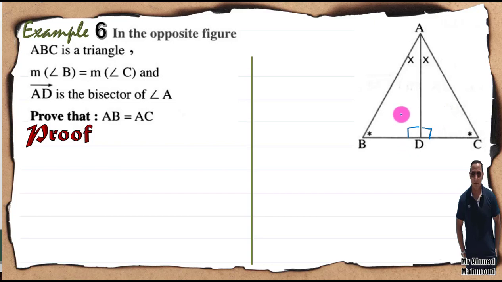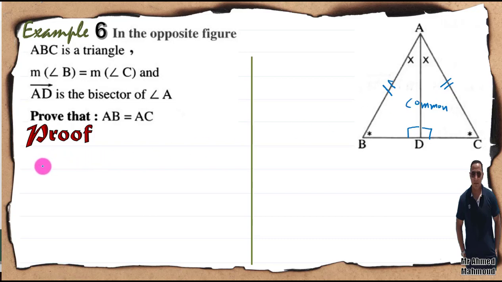And now we have two triangles, three angles equal to three angles, and the common side, here, this is a common side. So the two triangles are congruent, and from the congruency, therefore AB equal to AC.